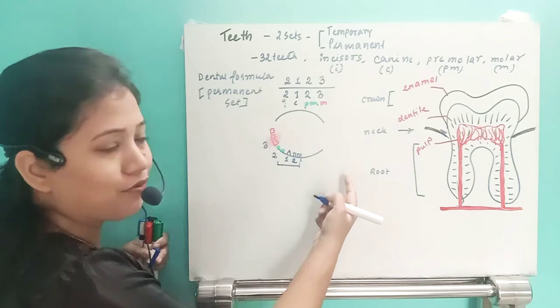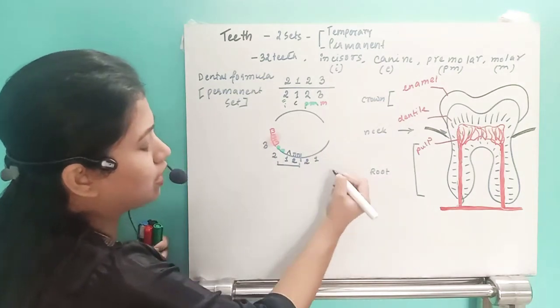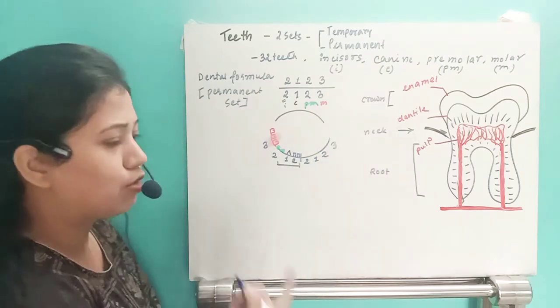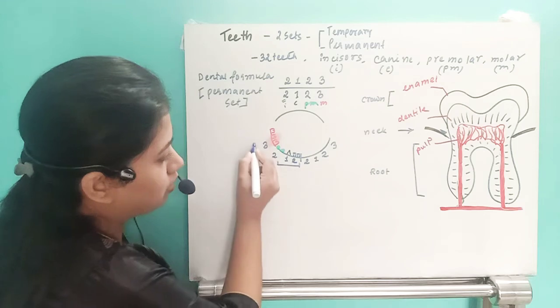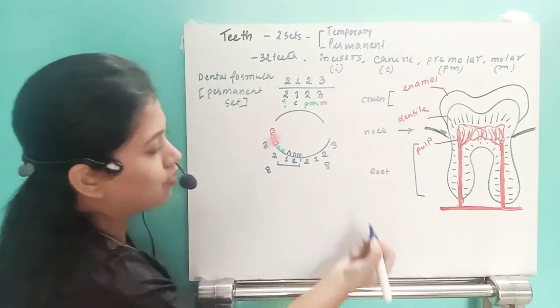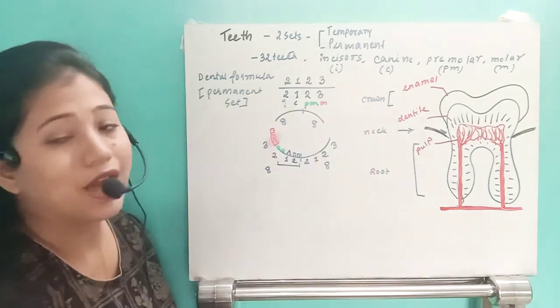On the next half also the same: 2 incisors, 1 canine, 2 premolars and 3 molars. Now you have to count it. In this half we have 8 teeth, in this half 8 teeth, in this half 8 teeth, and in this half 8 teeth.